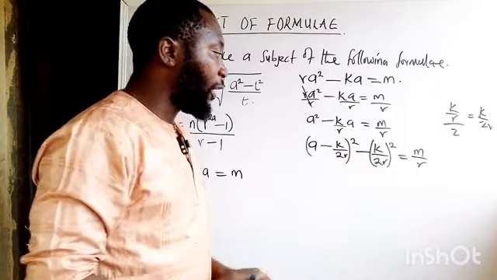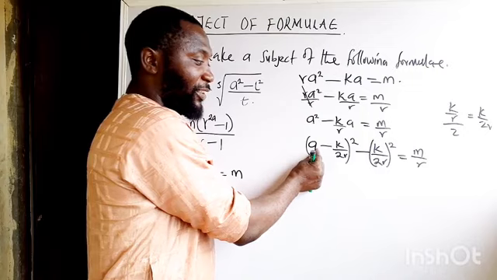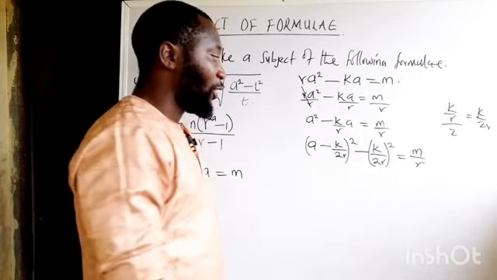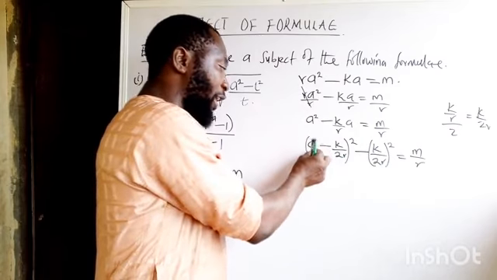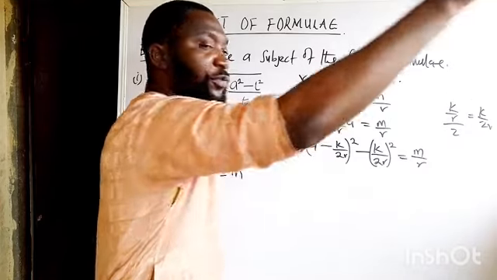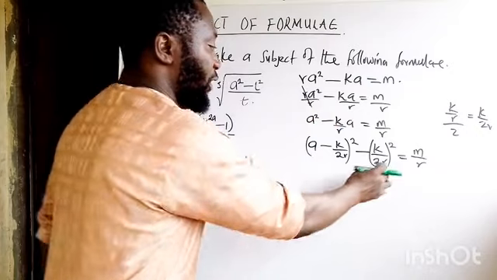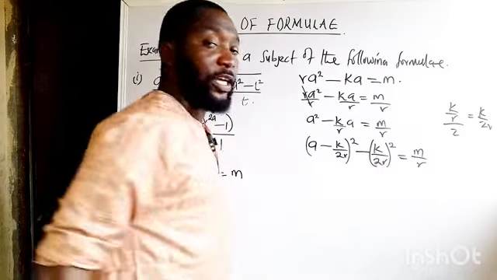Now from here, you can see that we have a separated from the other letters. What we only need to do is make sure the others are moved to one side. Let's start from here. This one is subtracted, so you move it to the other side so that it becomes a plus.